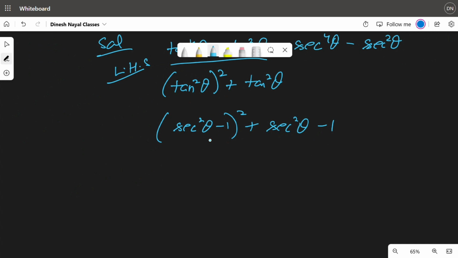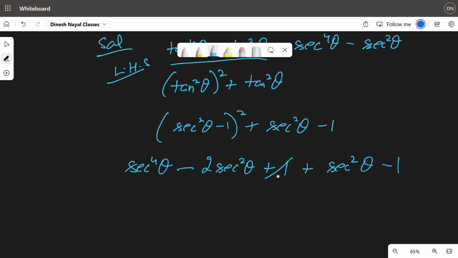Basically, you have to use the identity a minus b whole square. So sec square theta whole square is sec to the power 4 theta, minus twice of ab, which is 2 sec square theta into 1, and plus 1, because a square minus 2ab plus b square. Plus this sec square theta minus 1.